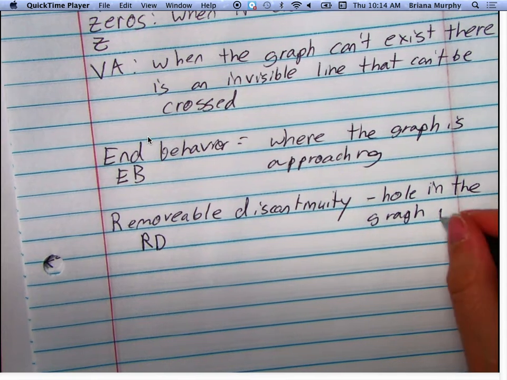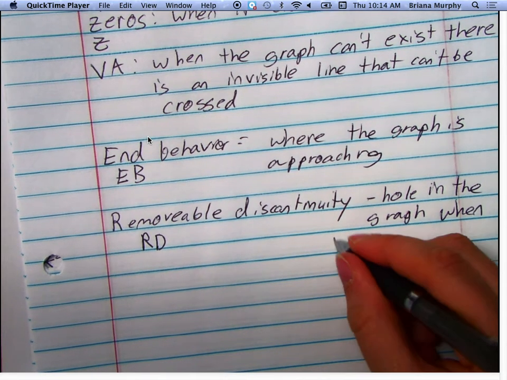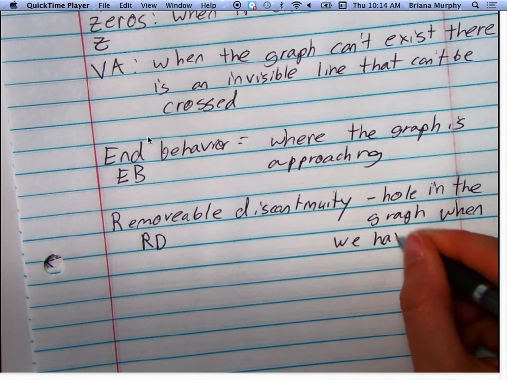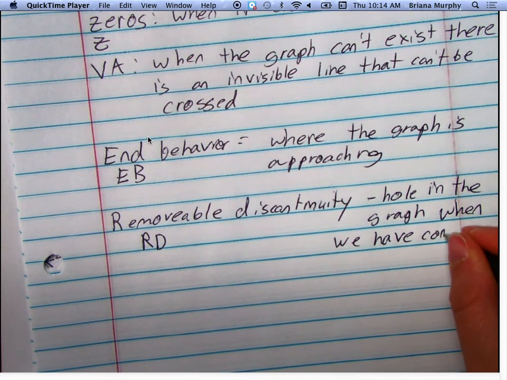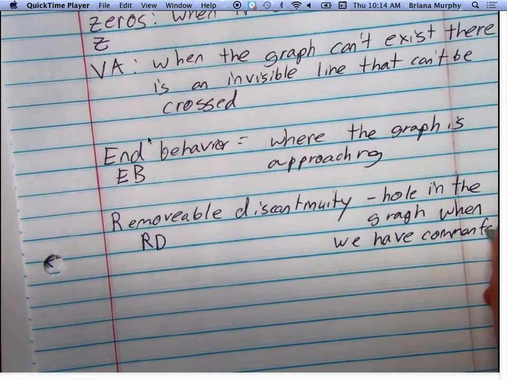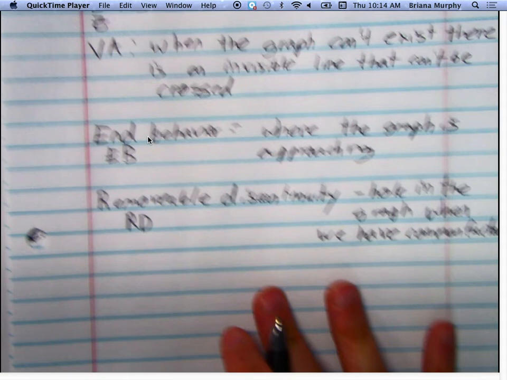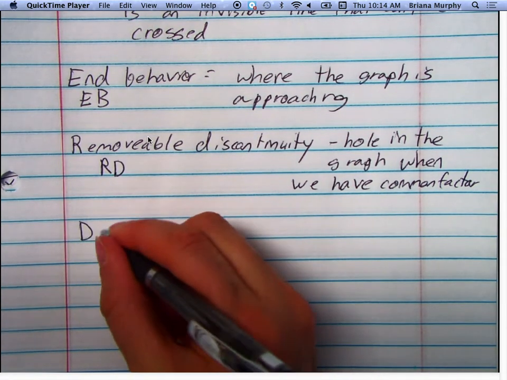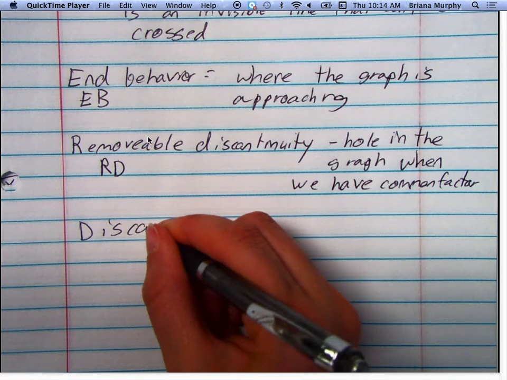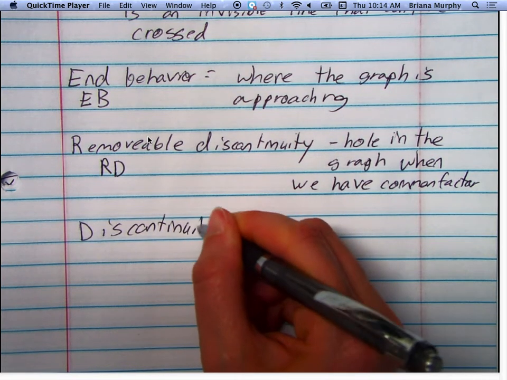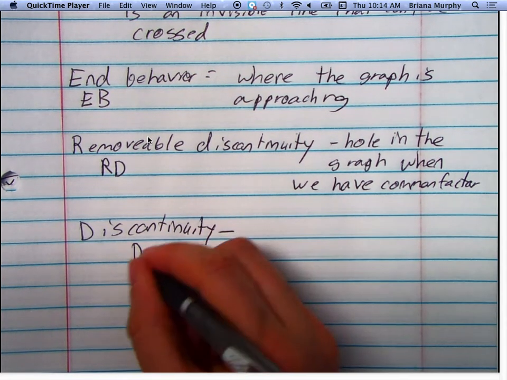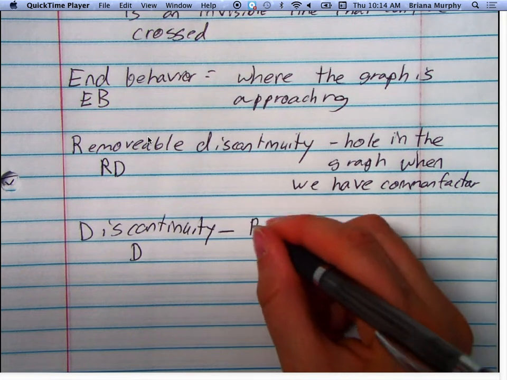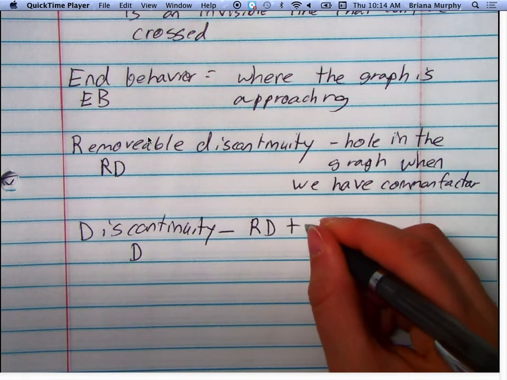And we can remove it when we have a common factor. And then we've got discontinuity. Or I'll just put D, which is the removable discontinuity plus the vertical asymptote.